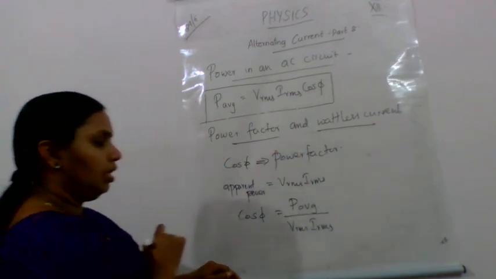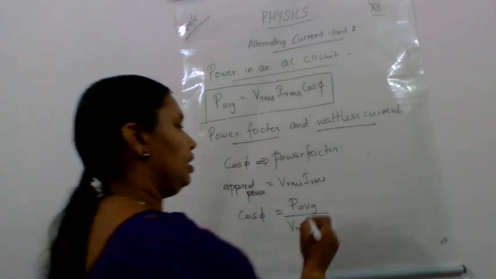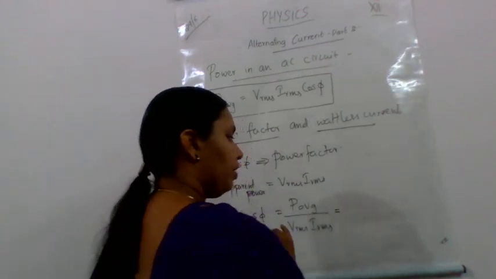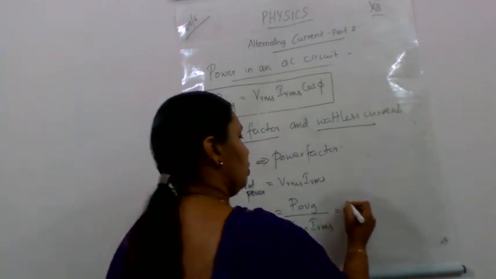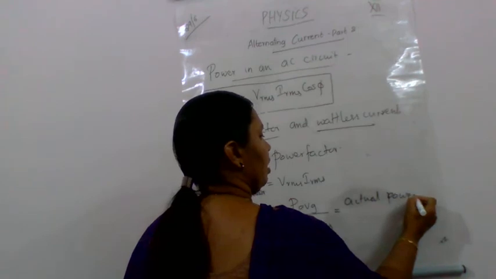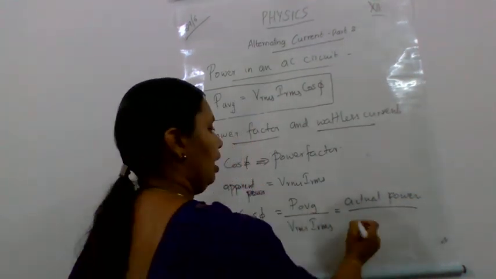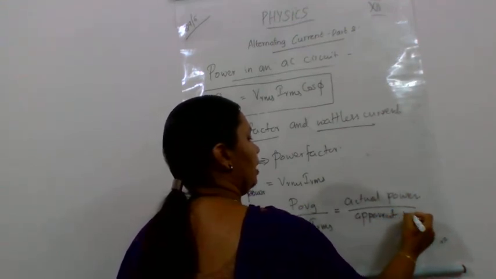P average is the actual power in that circuit, and Vrms Irms is the apparent power.